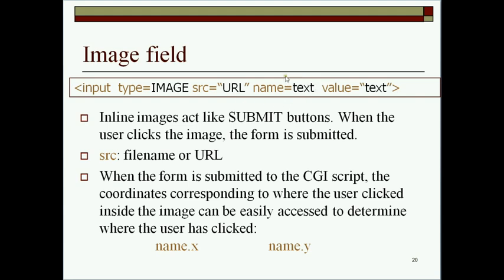You can provide a text, an identifier to it, and you can provide a value. The image, of course, is only for the purposes of rendering, but otherwise an image is not input that will be submitted to the server. Actually, in the case of an image field, the value attribute is unnecessary because it is useless.